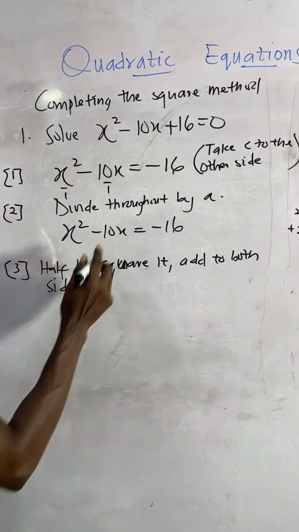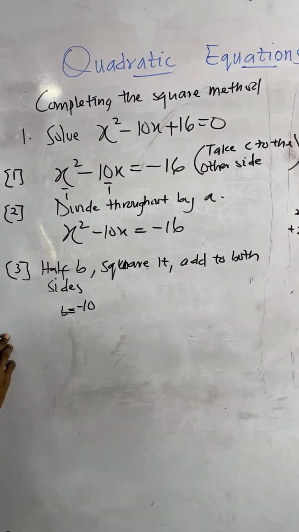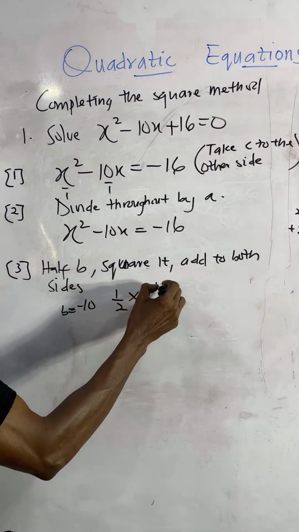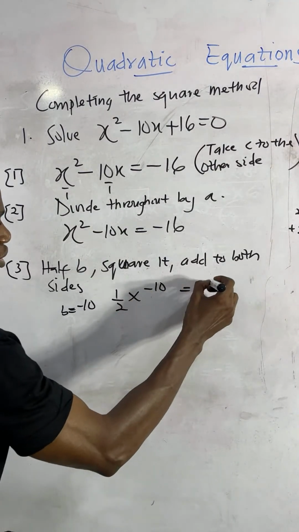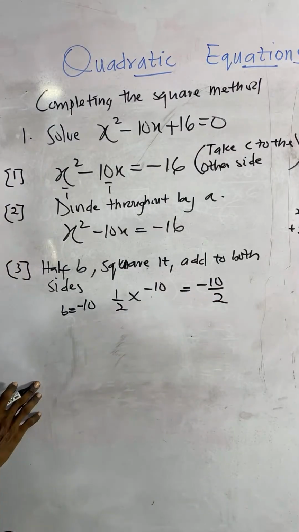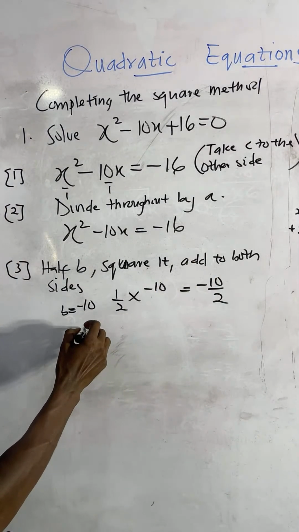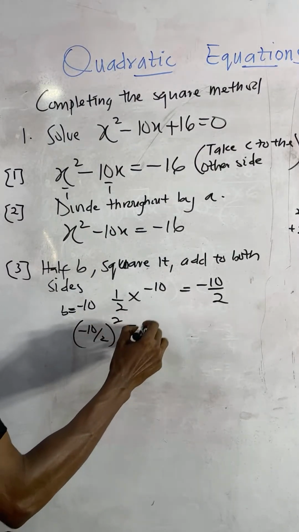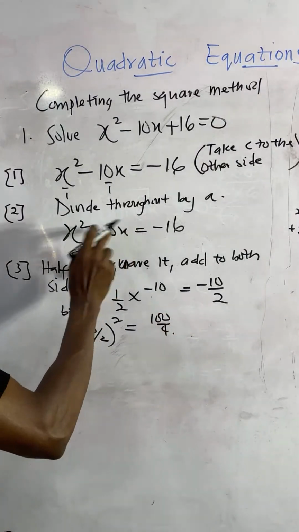So let's pick our b. Our b is negative 10, right? So the first thing is to half. So half multiplied by minus 10. So that's negative 10 over 2. Let's leave it like that. Square the answer. So you have minus 10 over 2 squared, which is what? 100 over 4, right? And then add it to both sides.